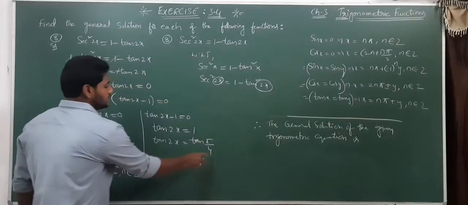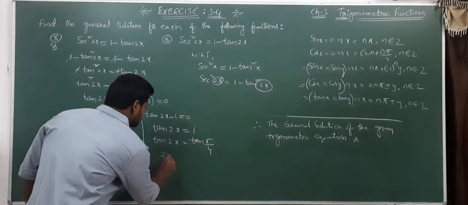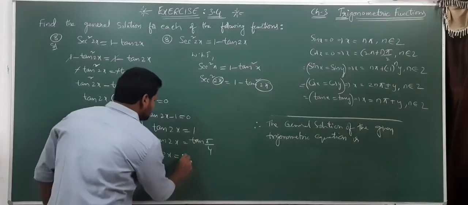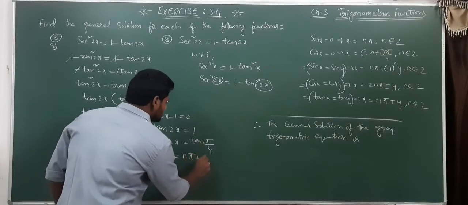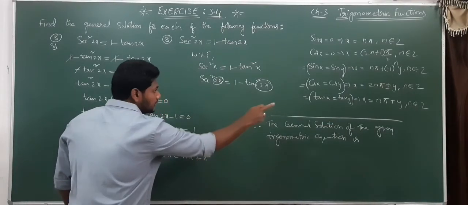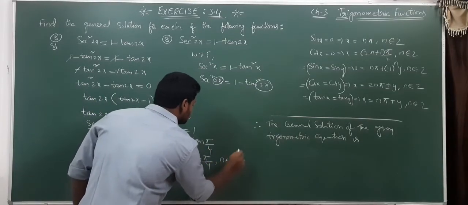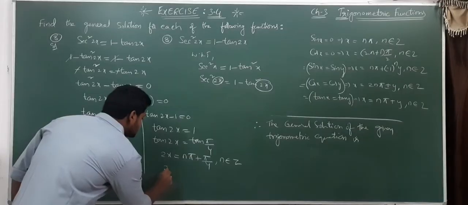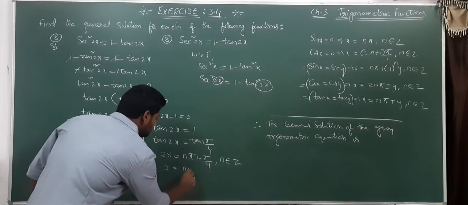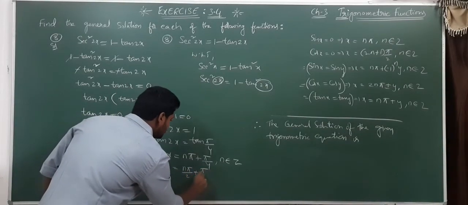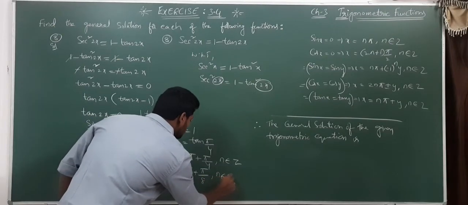What is y? y is equal to pi by 4. So here 2x equal to, what is the tan y formula? n pi plus y. y means here pi by 4, n belongs to Z. Here x is equal to n pi by 2 plus pi by 8, n belongs to Z.